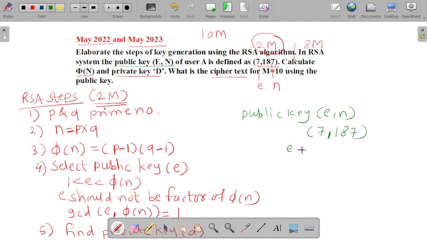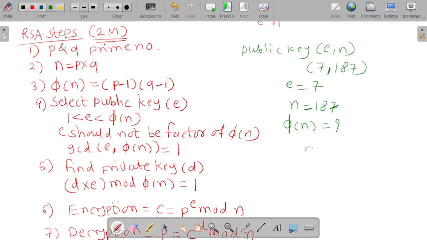So value of E is equal to 7, value of N is equal to 187. And in the given example, we have to find the value of phi of N, value of D, that is our private key, and value of ciphertext. And here the value of plain text, that is message, is given as 10.